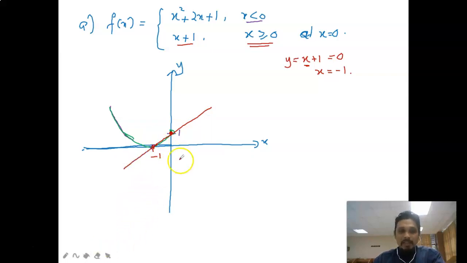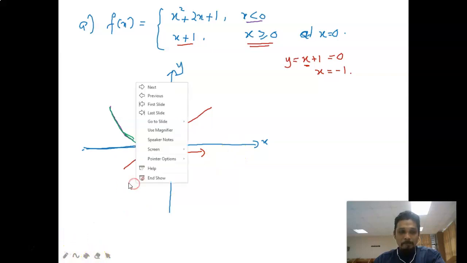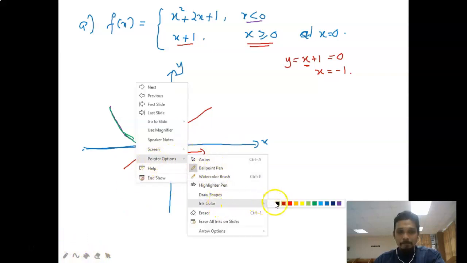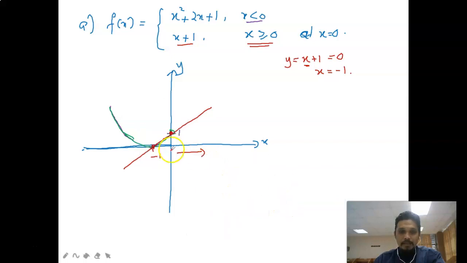By the way, this graph of f(x) equal to x plus 1 is valid for x greater than or equal to 0. So it means the domain of x is from 0 to the positive values here. So I start from this point here, and let's erase the rest of this. There you go.